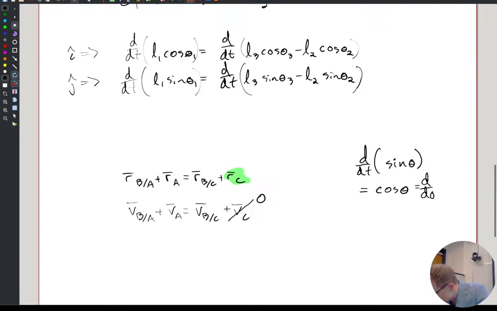So the time derivative of sine theta is equal to the theta derivative of sine theta? I forgot about it. Yeah. So is d/dt of sine theta equal to d/d theta of sine theta? No, it's got to be different, right?